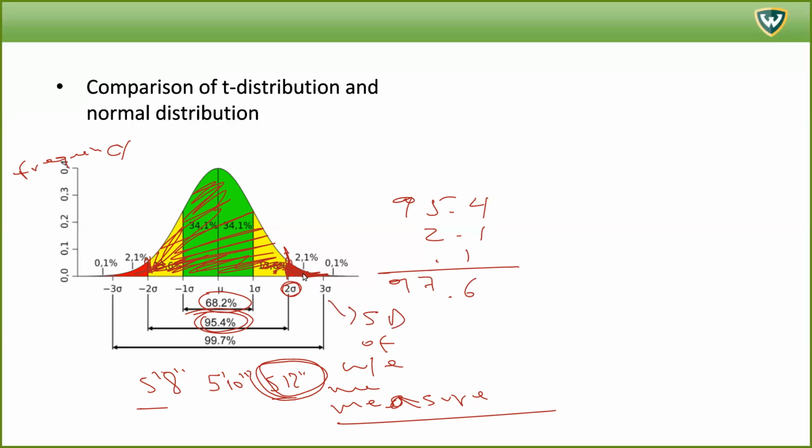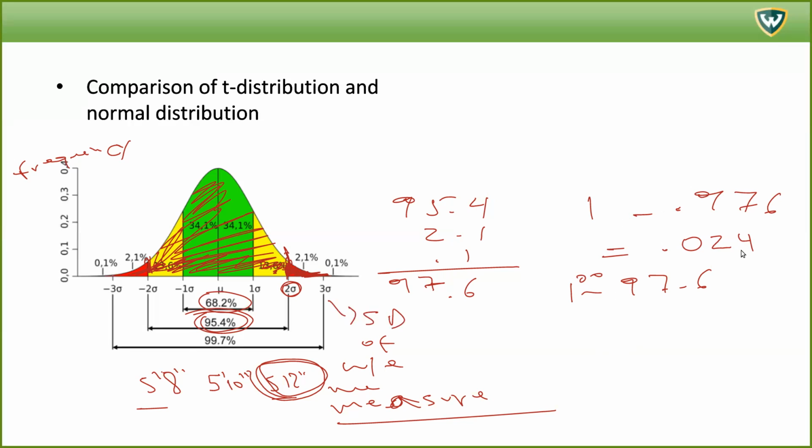So from a distribution of all the people, the population of people, finding a person that is 5'12" and above, the chance is actually 1 minus 0.976, or 100 minus 97.6, which is equal to 0.024.